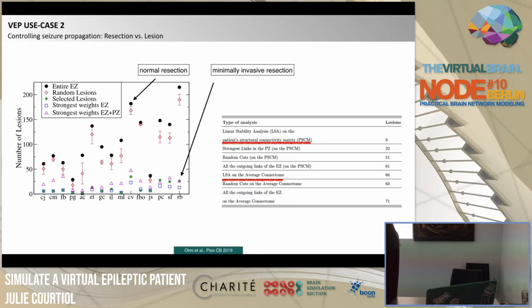And in green, it is selected lesions, so we identify the links to cut. And we see that when we identify the link to cut between the nodes, we have a minimally invasive resection.